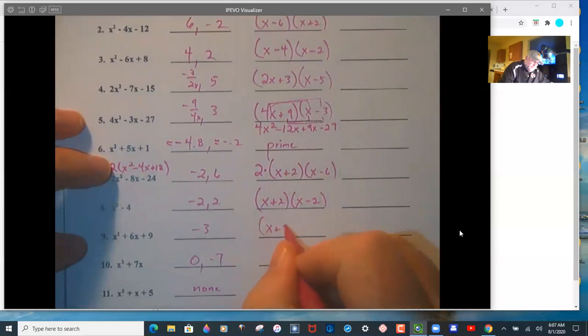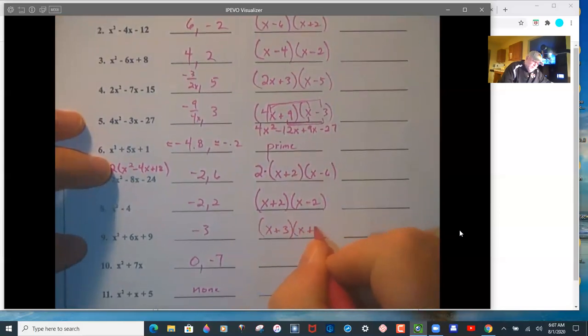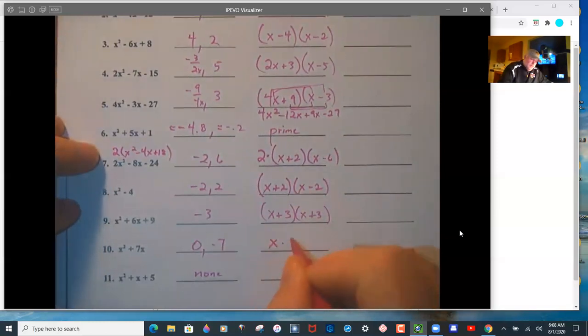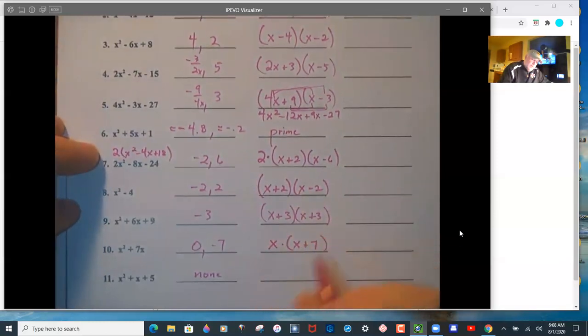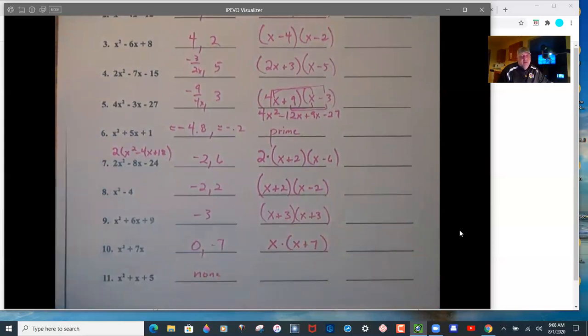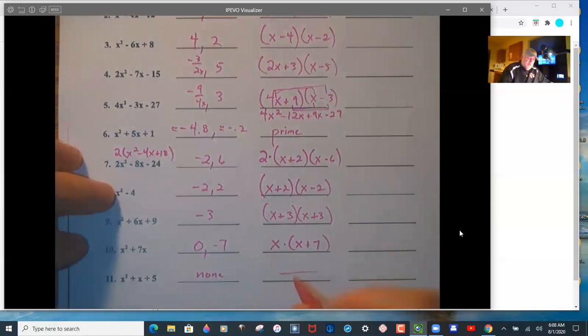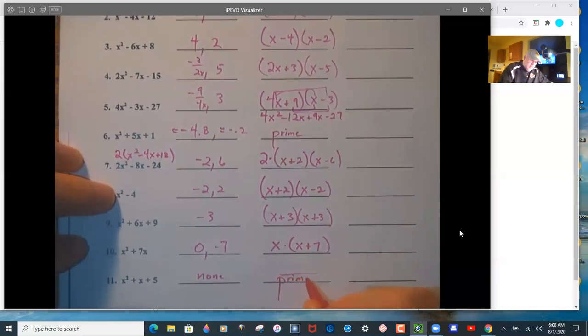Notice here, you got to have 2 of these to make it work with the FOIL product, which I would hope you have some remembrance of. Now, one thing I want to say, 0 is x all the time, and then x plus 7. Okay, so there's no factoring here, prime, either way, however you want to write that.